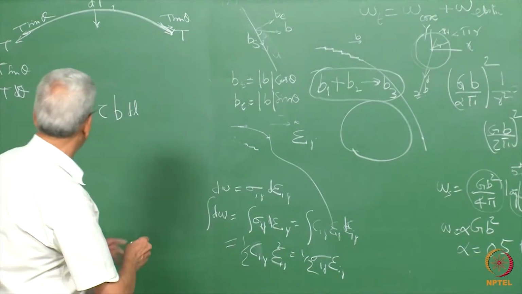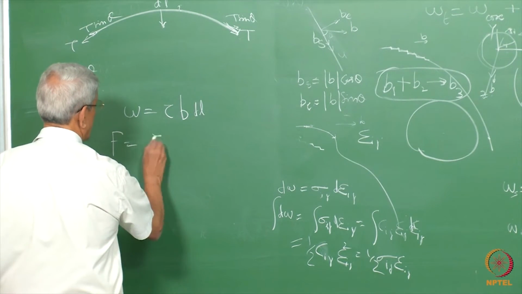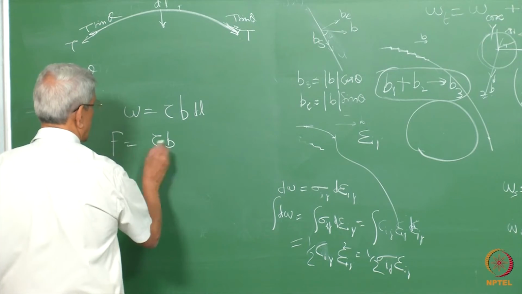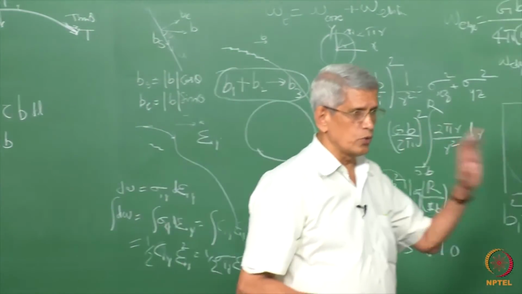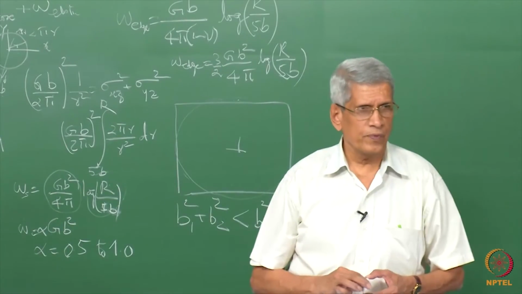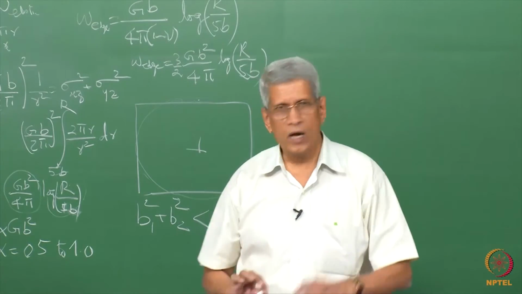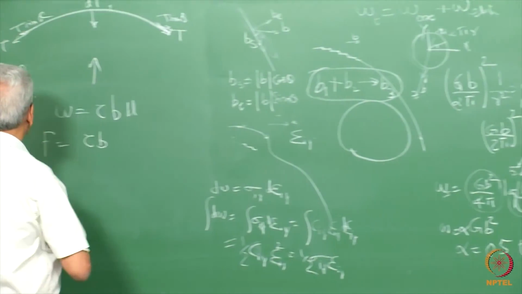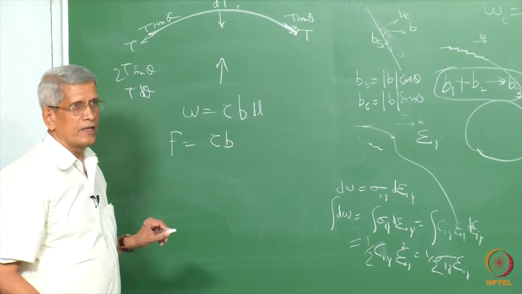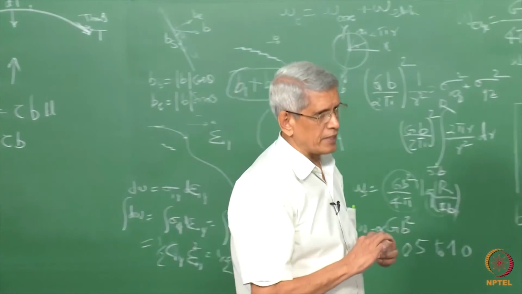And if we take F as the rate of change, it will turn out to be tau b, right. We do not know what tau is, but an equal and opposite force should be applied in this direction so that the dislocation will be in equilibrium in that bent condition.